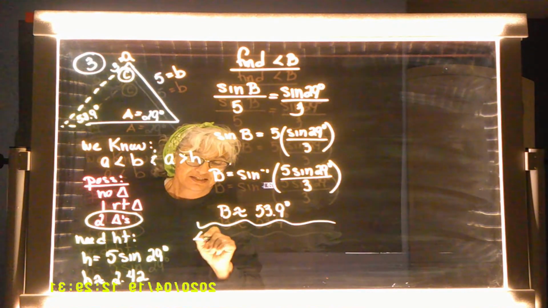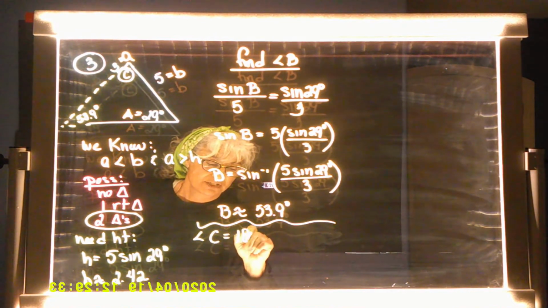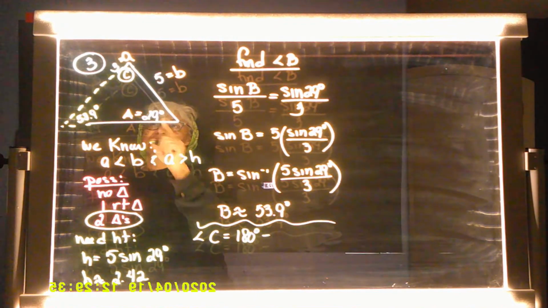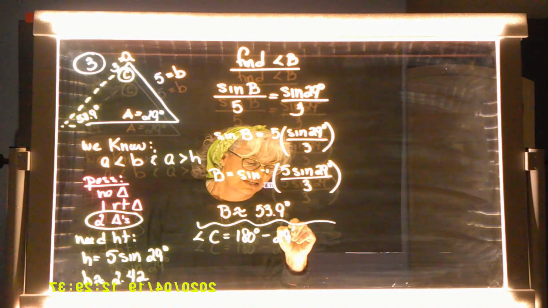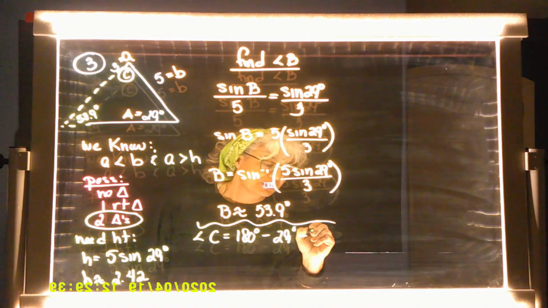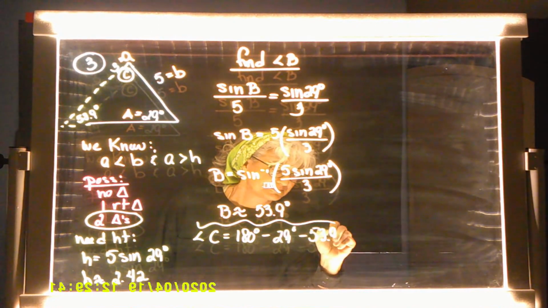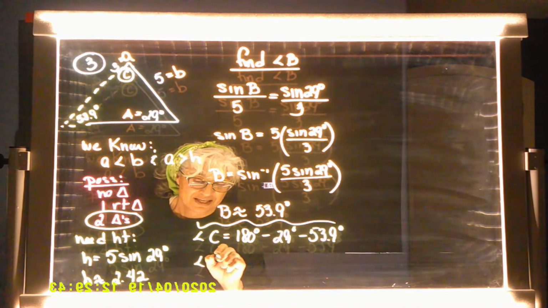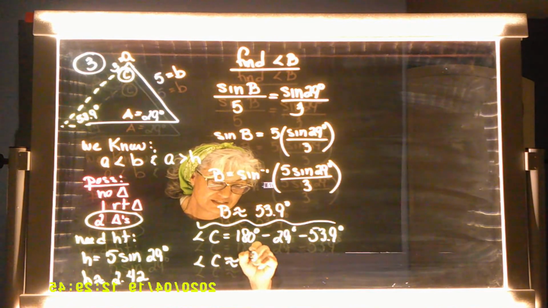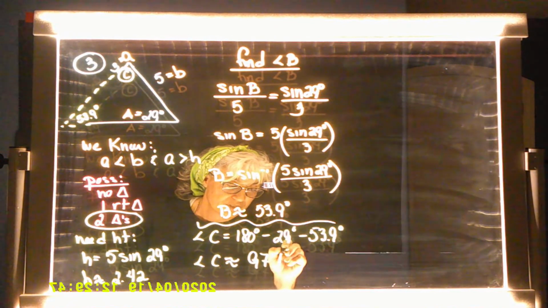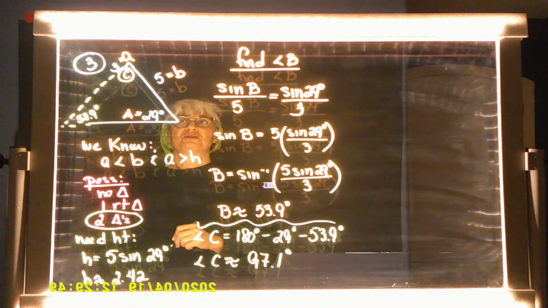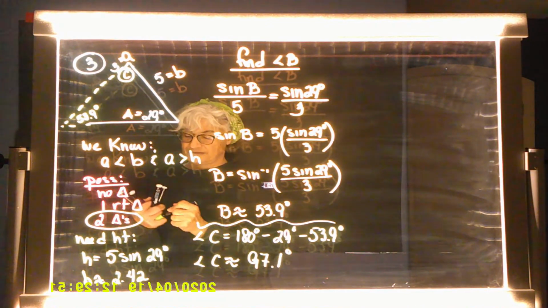because angle C is going to be equal to 180 degrees minus the 29 degrees minus the 53.9 degrees, which means in this case angle C is approximately 97.1 degrees. Cool? Okay.